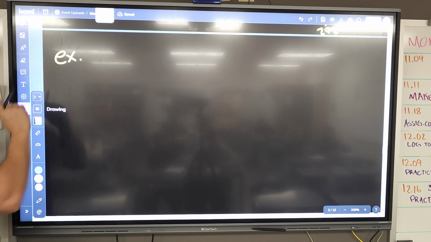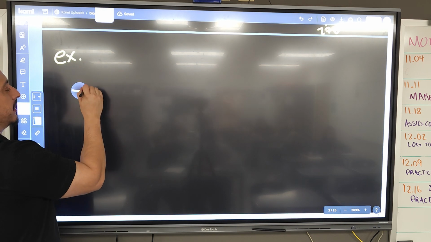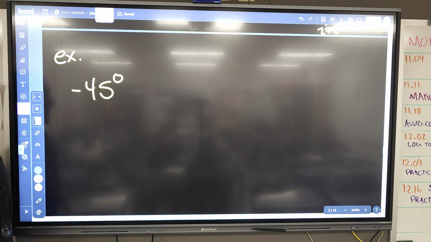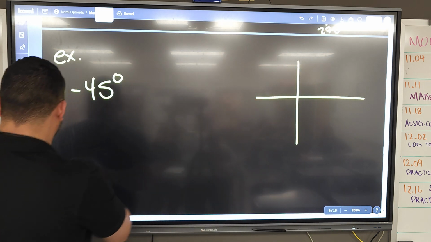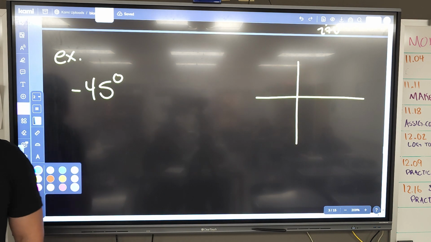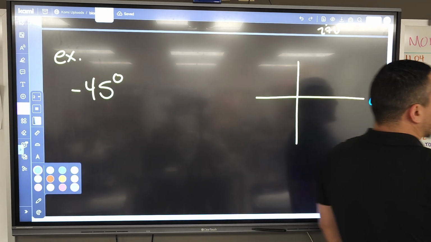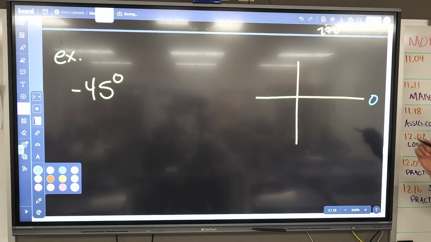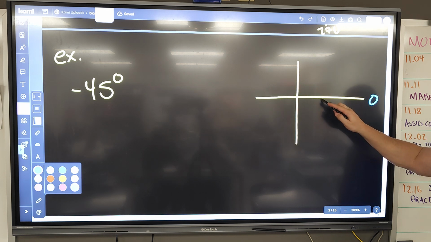This time I'm not going to tell you which one it is. We're just going to convert to the other one. Let's say you had negative 45 degrees. What does that mean first of all? Negative, so you still start here, but instead of moving in the normal direction, you go backwards.